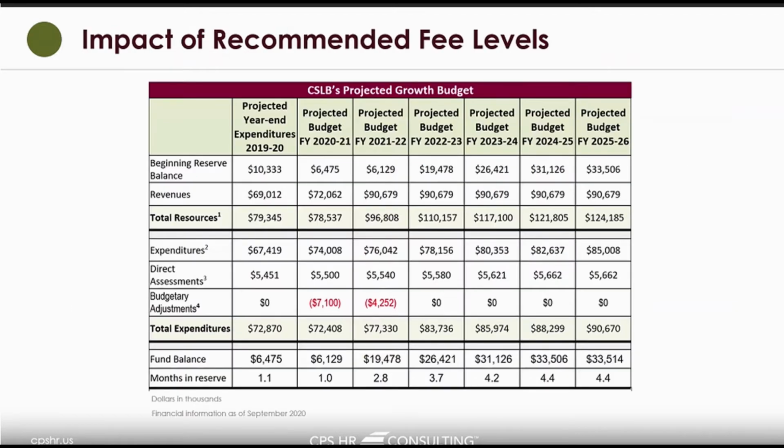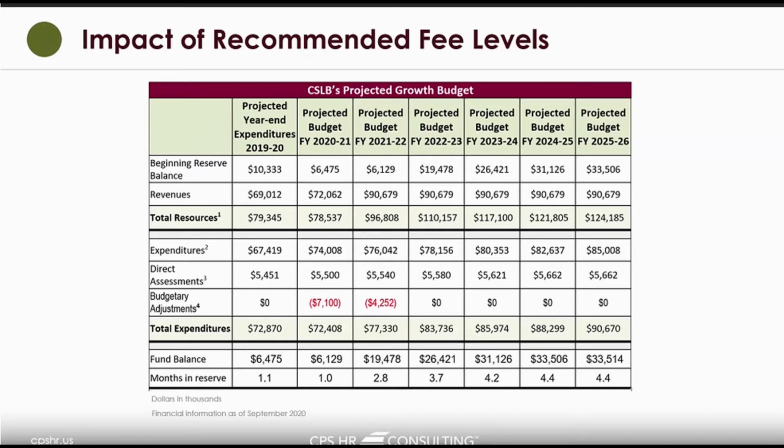Thank you. So this slide is just a different way of displaying some of the revenue that I was talking about on the previous slide, and keeps the expenditure projections that we had originally had, with the exception of some adjustments that were made that Stacy highlighted just a moment ago. If you look at budgetary adjustments there, that 7.1 million in FY 2021 reduction in expenditures.